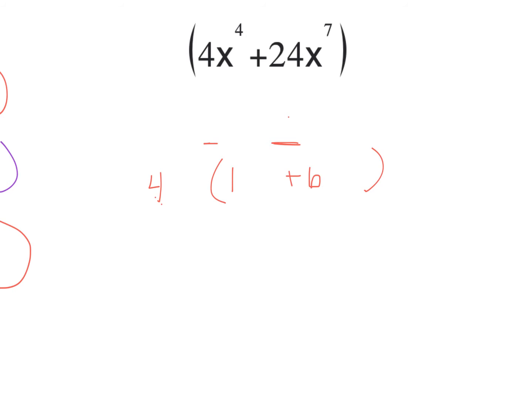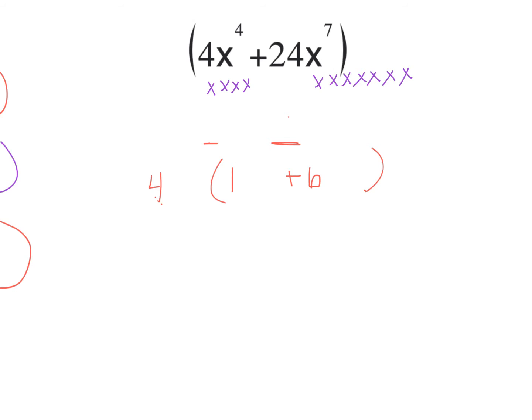Now, we think about it. X to the 4th means there's 4 x's here. X to the 7th means I've got 7 of them. So then the question becomes, well, how many x's can I take out without going over or taking too many? And the answer is, well, I can take 4 of them.